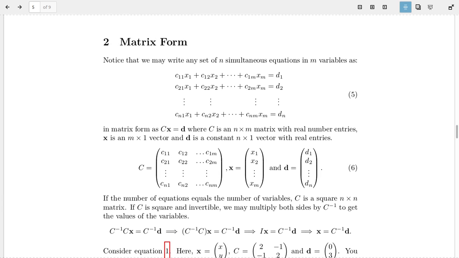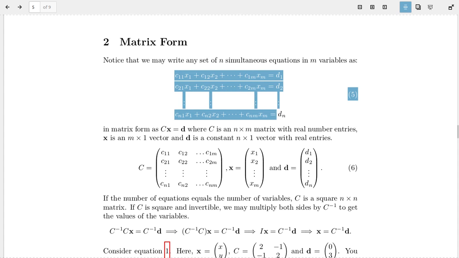Okay, so now we come to the second part, when we look at the matrix form of the equations. If you have n simultaneous equations in m variables, since we cannot call our variables x, y, and z anymore, we'll run out of variables, so we'll call them x1, x2, all the way to xm.